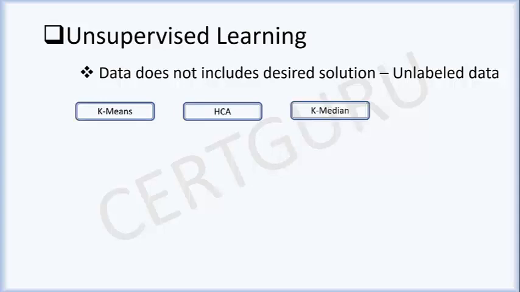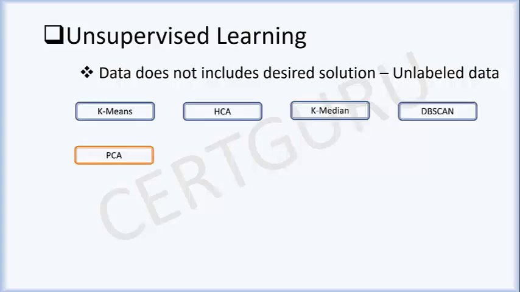Now we are familiar with what is labeled and what is unlabeled data. If our outcome is available in our data, that is labeled data, and if our outcome is not available in the data, then that is unlabeled data. Let's have a look at a few important unsupervised learning algorithms.